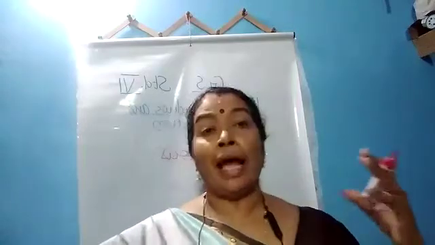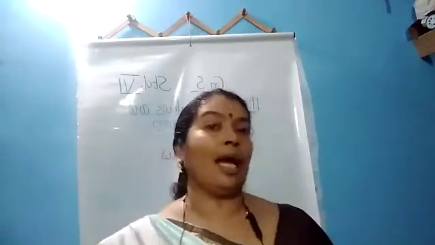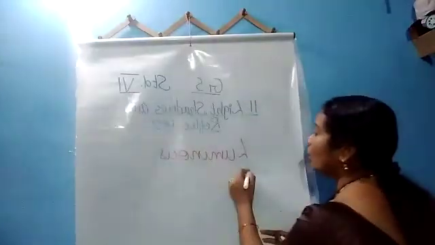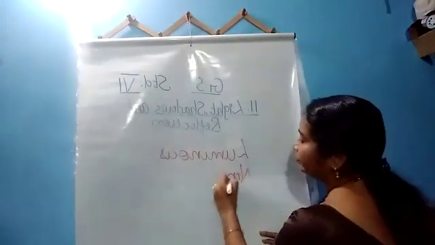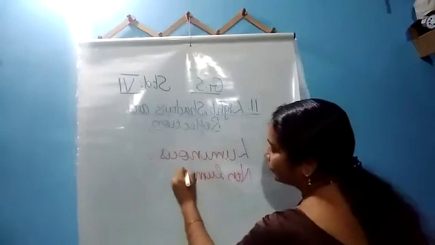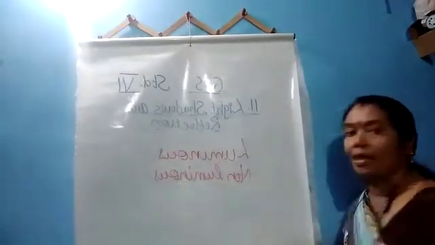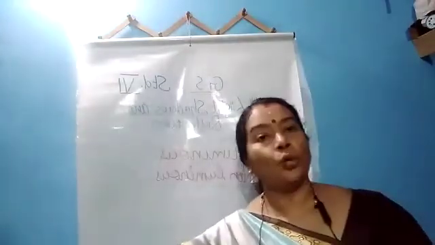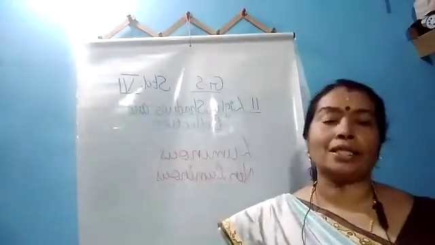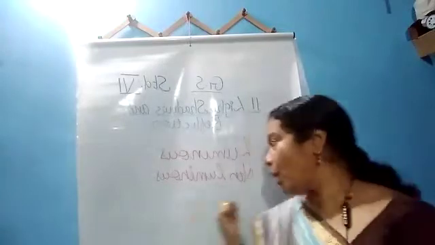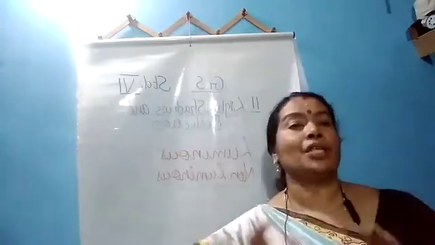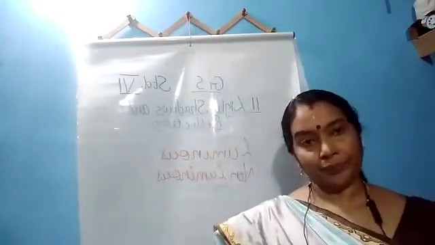So things like that which are not giving light are called non-luminous objects. So luminous objects give light and non-luminous objects don't give light.